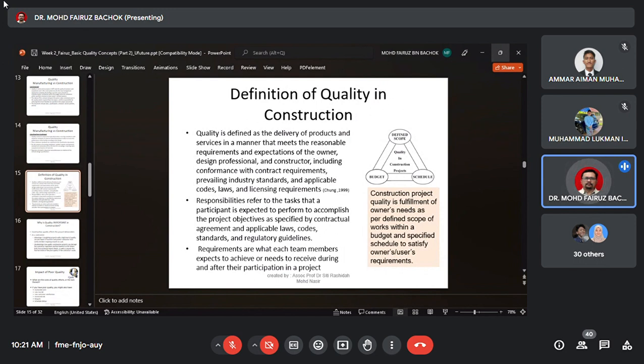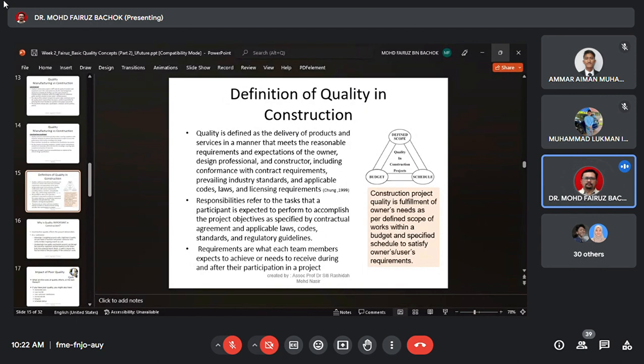In construction, quality is defined as the delivery of a product, that is our construction and service, in a manner that meets the reasonable requirements and expectations of the owner, the client, the design professional, and the constructor. It must conform with the contract, prevailing industry standards, and applicable code, law, and licensing requirements.